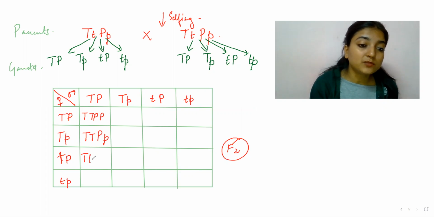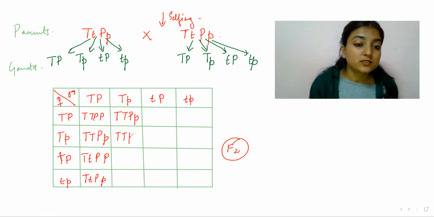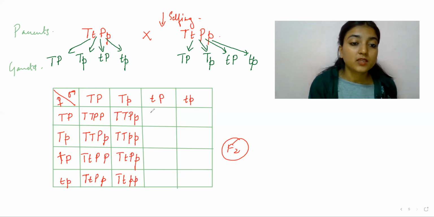This will be capital T, small t, capital P, capital P. Now the dominant, the recessive, dominant, recessive, capital T, small t, capital P, small p, capital T, small t, small p and small p, capital T, small t, capital P, capital P. Again, we will just fill the Punnett square by just crossing between them.